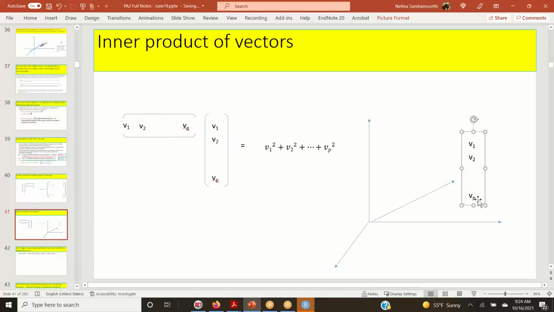You can call it a 3-dimensional vector also. Just imagine it's multi-dimensional. Everybody think along those lines.